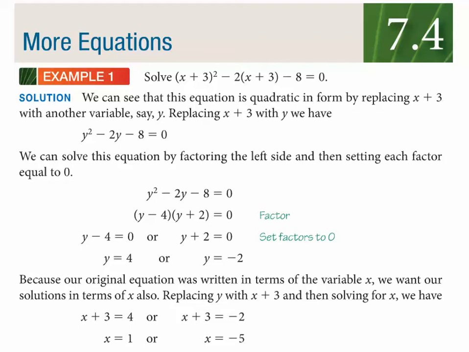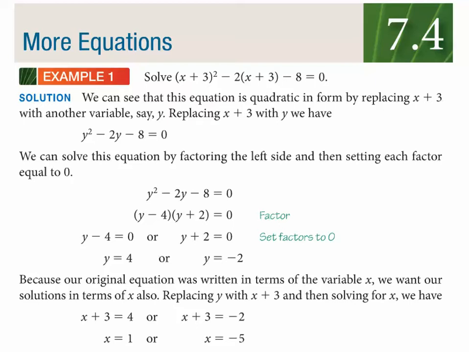Okay, 7.4. What is this all about? It is about quadratic equations, but they're in a weird form. I'm going to look at each of the different forms, because sometimes we can use something called substitution. Sometimes we can substitute things to make these special forms. Sometimes they come to us inside a problem itself.